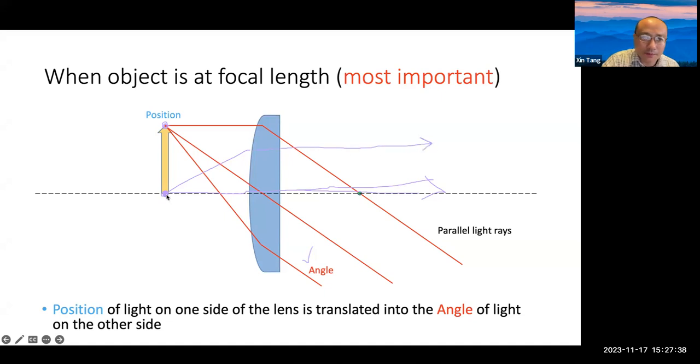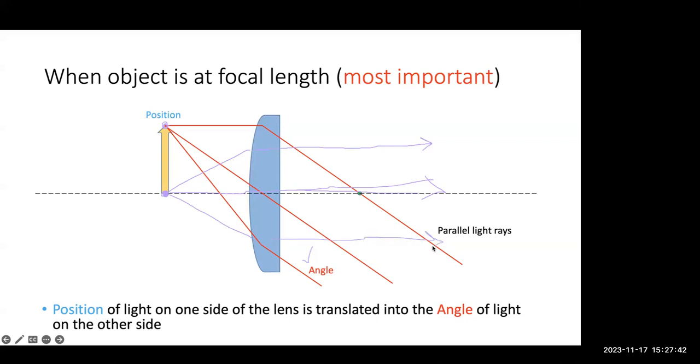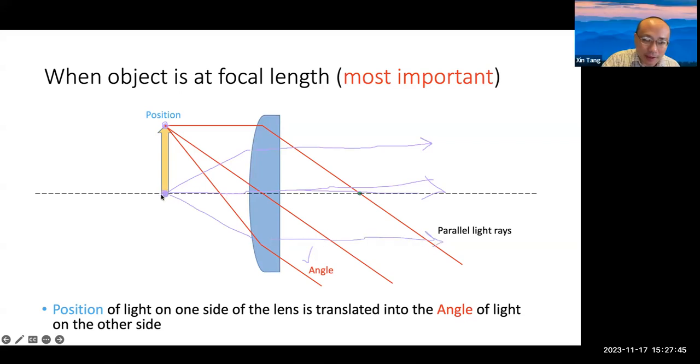Do you guys see my drawing? Yes, I see. If you put the sample directly at the focal point, then the light passing through the lens will be parallel light, parallel with the optical axis.